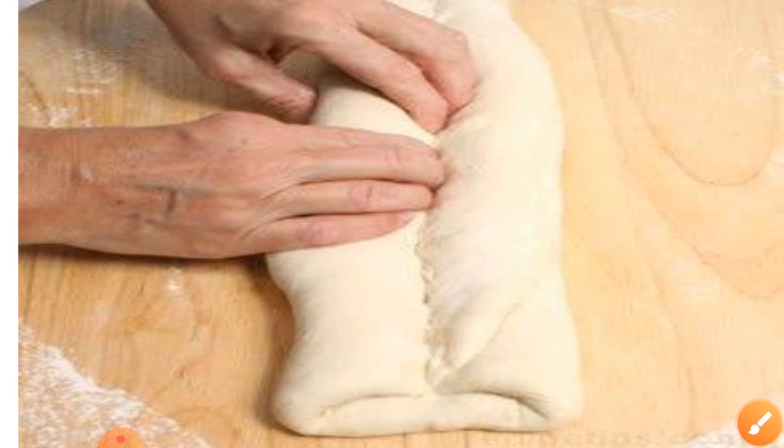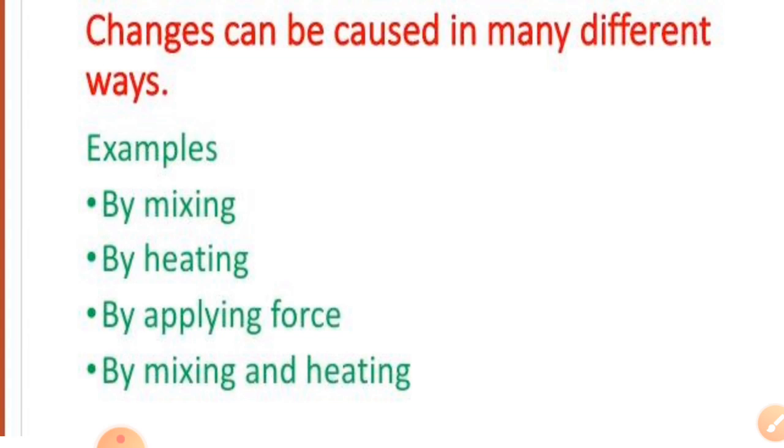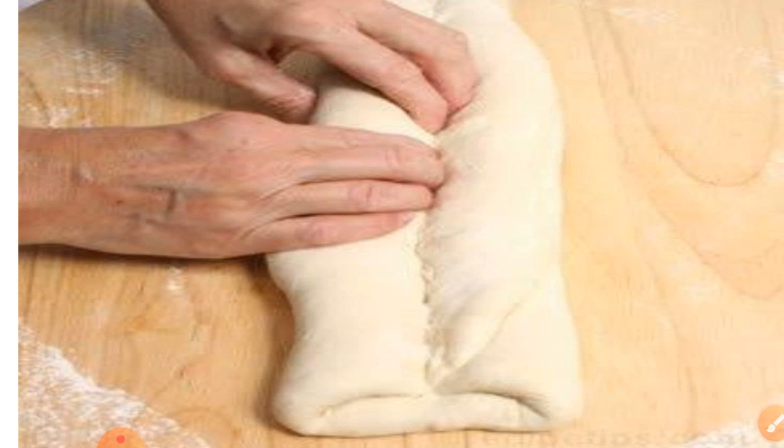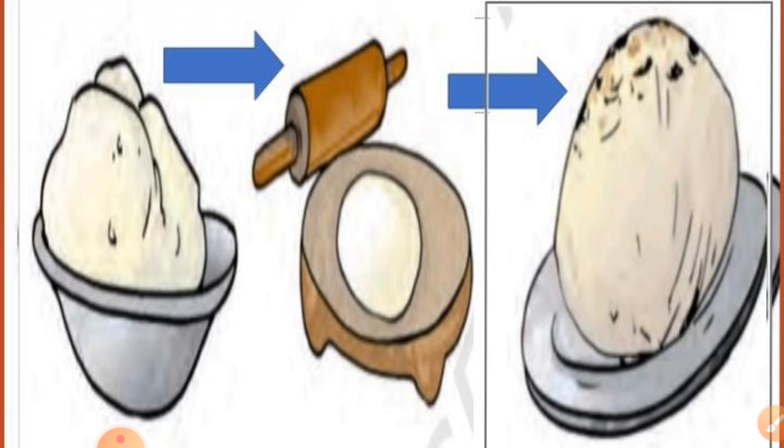See the example of force. When we apply force, or when we mix things, when we mix water in the flour, it will be changed into dough, right? And when we apply force, it will take different shapes. Suppose we have ready-made dough, and it will be changed into a rolled chapati.